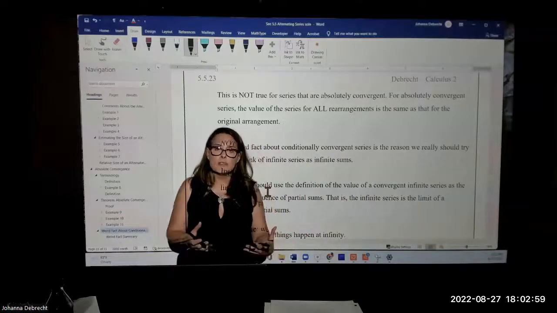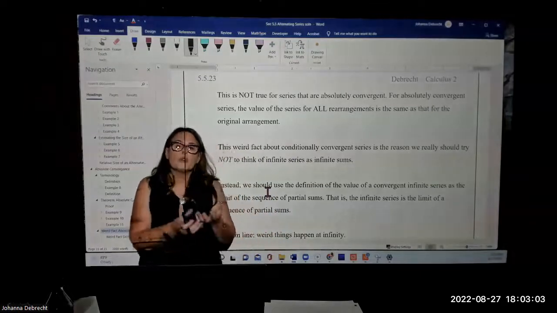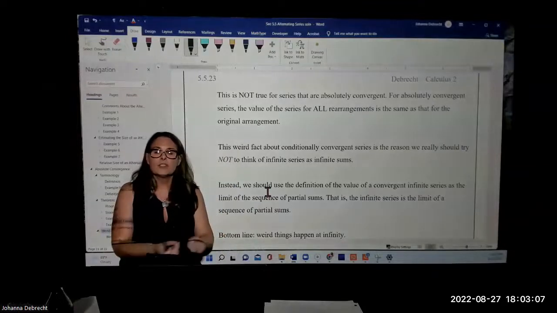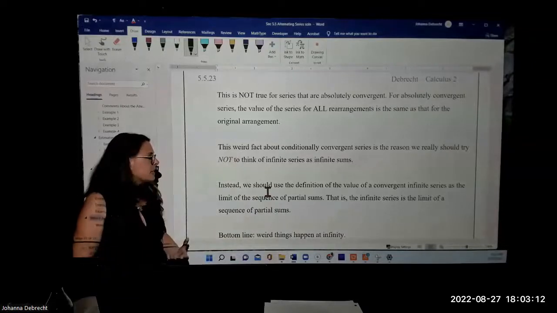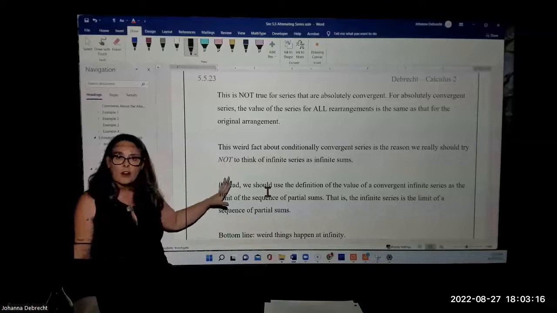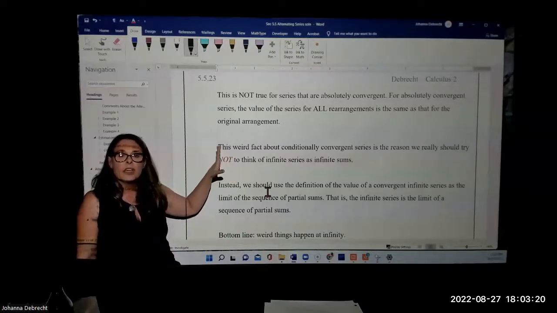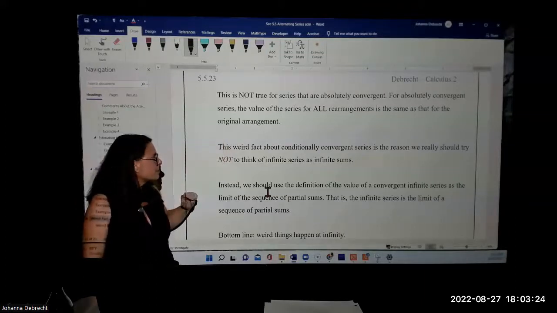Because conditional convergence, if you rearrange the terms, you can get it to go to any real number and even get it to diverge. It gives a different series, right? Which is a crazy idea. So again, this absolute convergence is far more powerful. It stops the rearrangement of terms from resulting in a different convergent value.